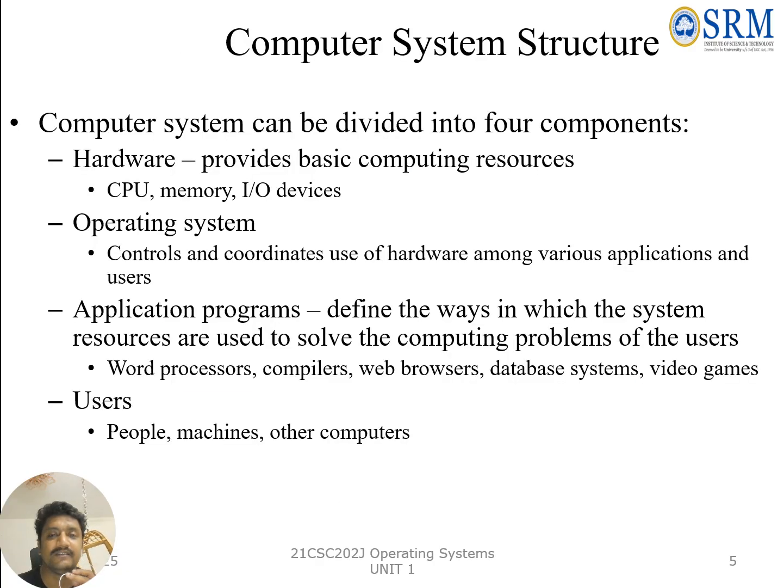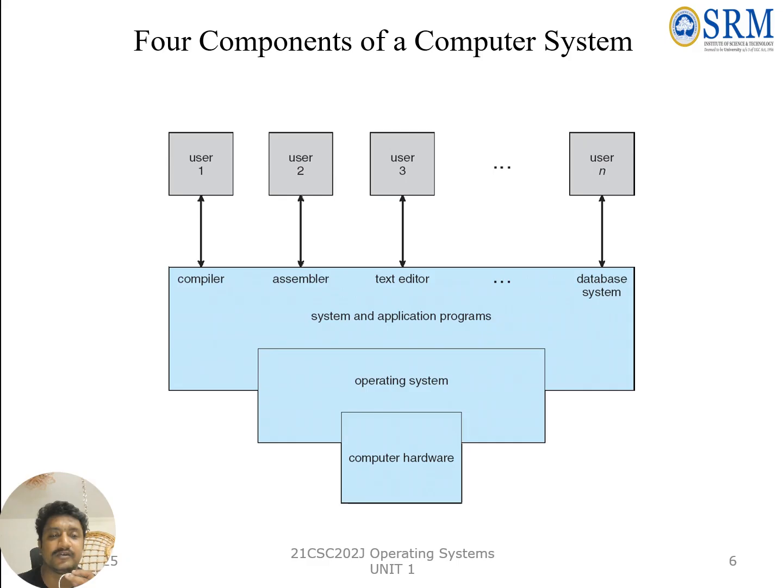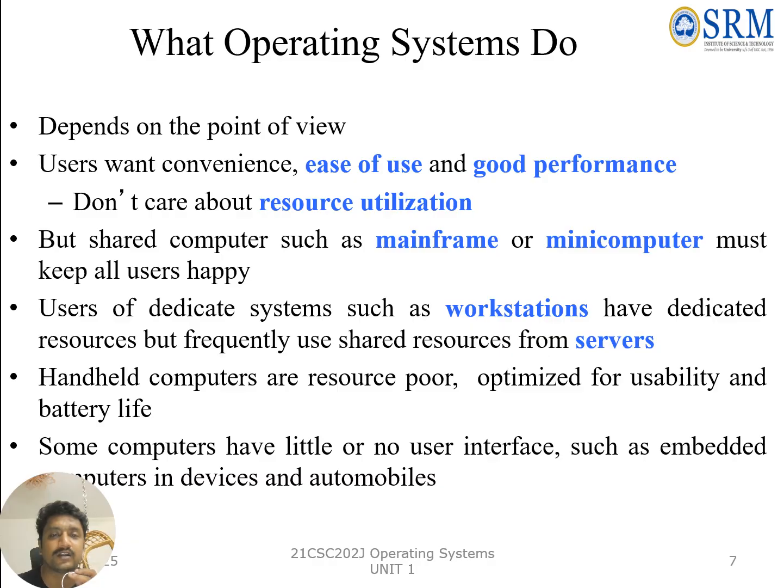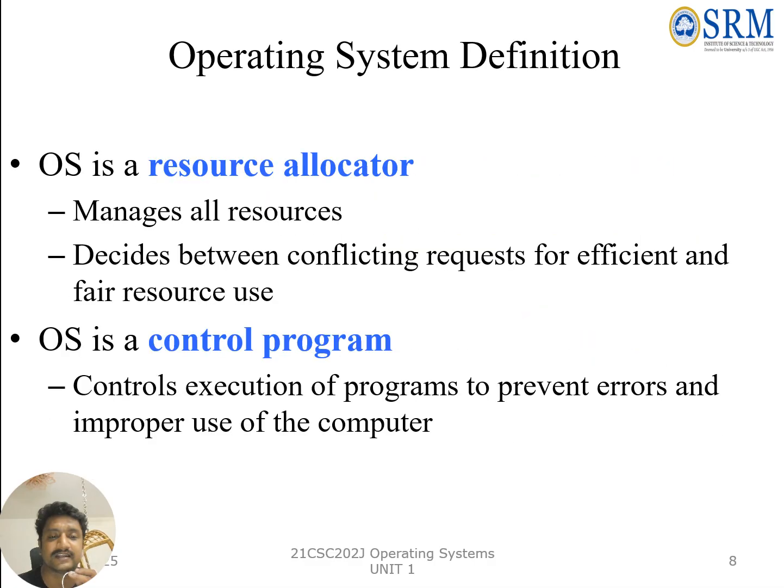Then we have discussed the various system architecture components involved, such as hardware, operating system, application and user, and also the design aspects of this particular computer system, and also what this operating system is exactly about with respect to the various systems which have been involved, nothing but the mainframe, workstation, and handheld computers and etc.